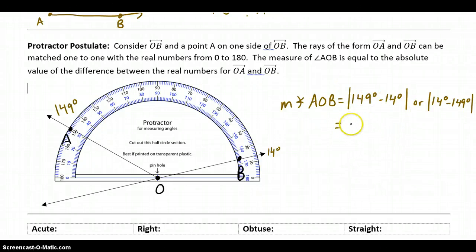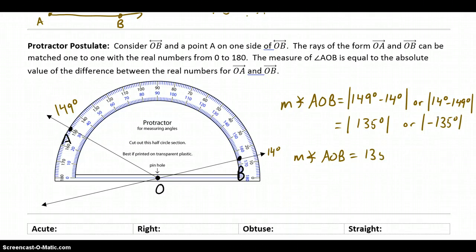So in this first one, 149 minus 14 is 135 degrees. And in the second one, I get negative 135 degrees. And when I take the absolute value, both times, the measure of angle AOB is 135 degrees.